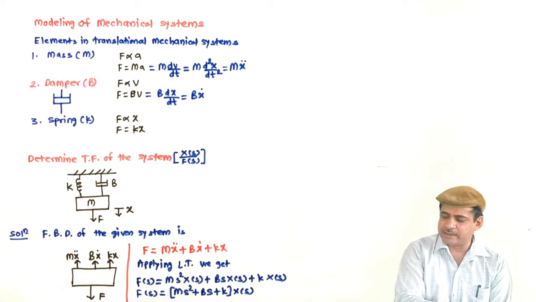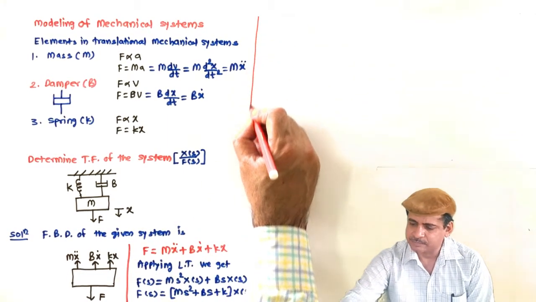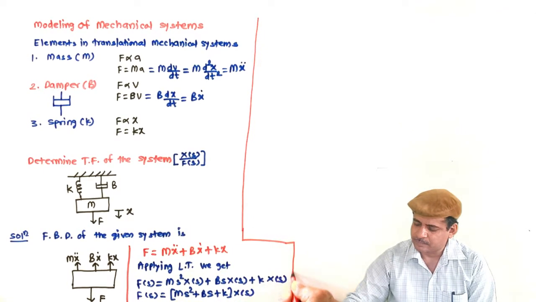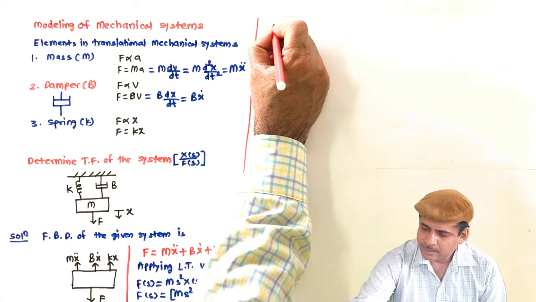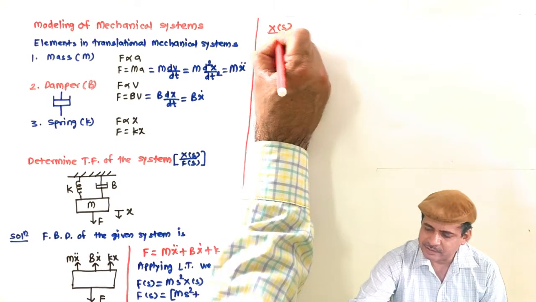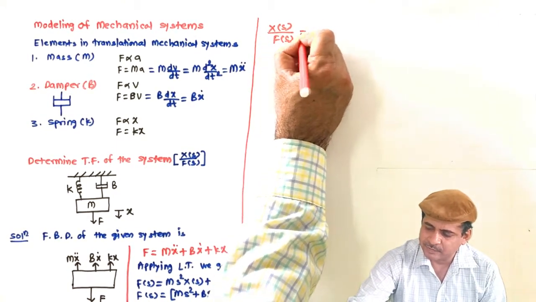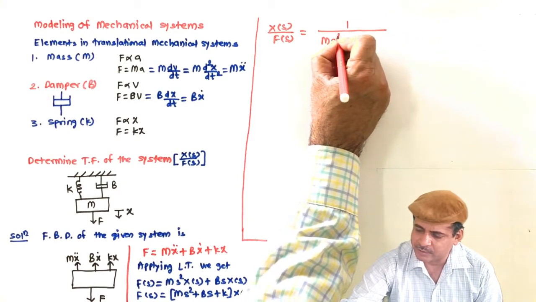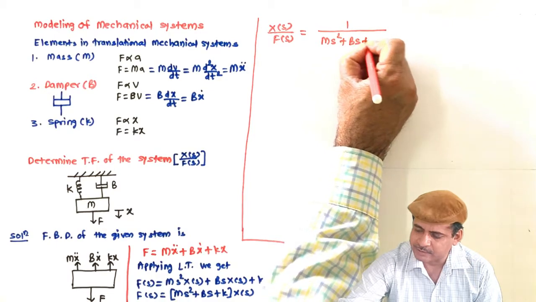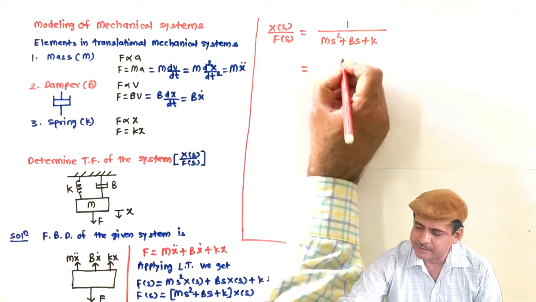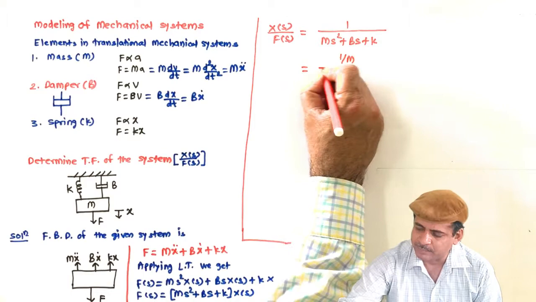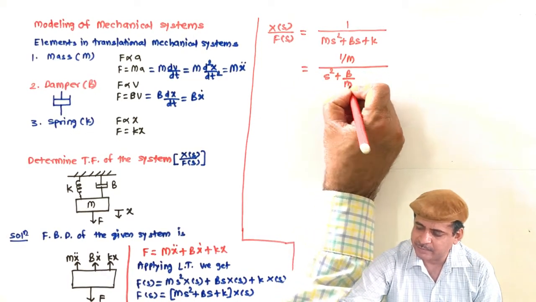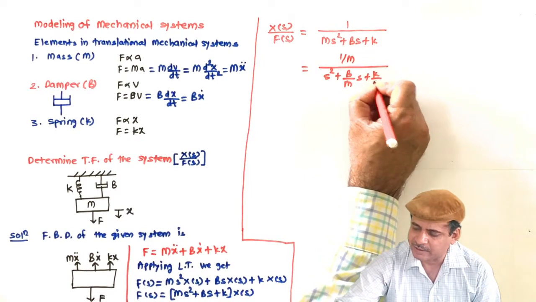So then clearly we get the transfer function as x of s by f of s will be equal to what? 1 divided by ms square plus bs plus k, and that is nothing but 1 by m upon s square plus b by m s plus k by m.